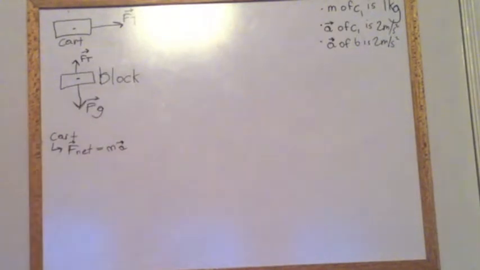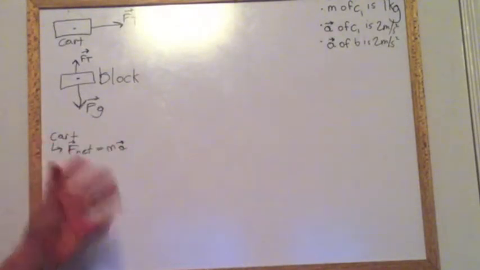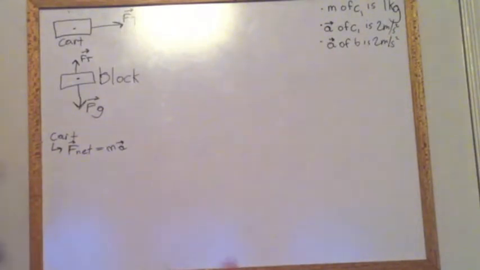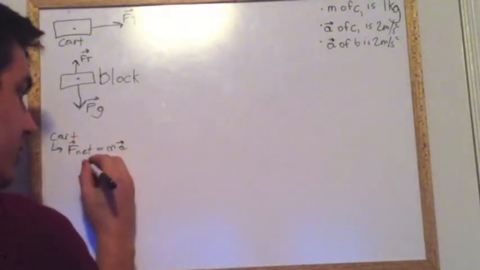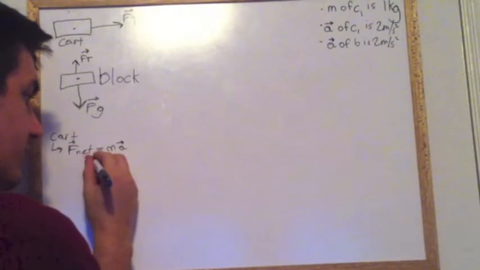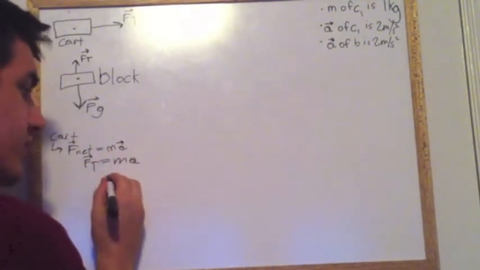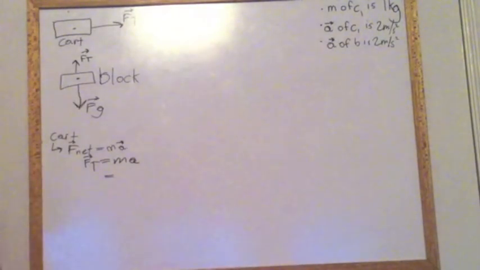Now, just take a pause. Looking at this, we know both M and A. And remember, this is for the cart. So, while we don't know what exactly the FT will equal permanently, we can, however, say that the FT equals MA, which, as we know from our given, the mass of the cart 1 is 1 kilogram.